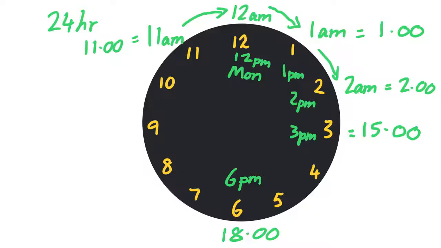And it's the same as we go all the way around, so 9 p.m., well, we'd say 12 hours of the day have already gone, those AM times, and now the clock's going round again. Another 9 on top of that 12 that we've already had. 9 and 12 gives us 2100 hours.